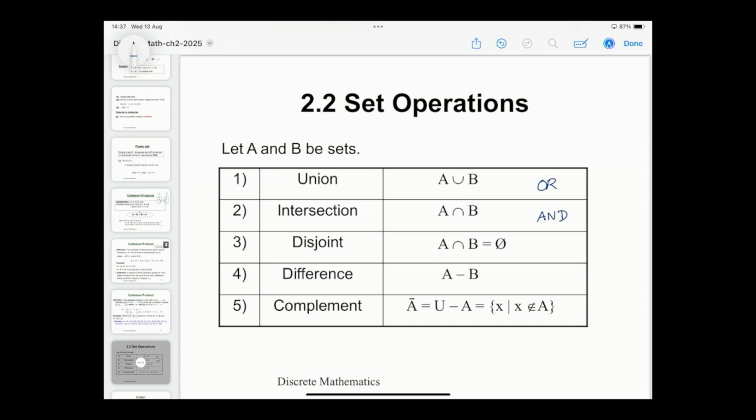Disjoint: A and B have nothing in common, or they are mutually exclusive. Difference: in A but not in B. And complement is the negation, or not, so having the bar on the top or something like that.